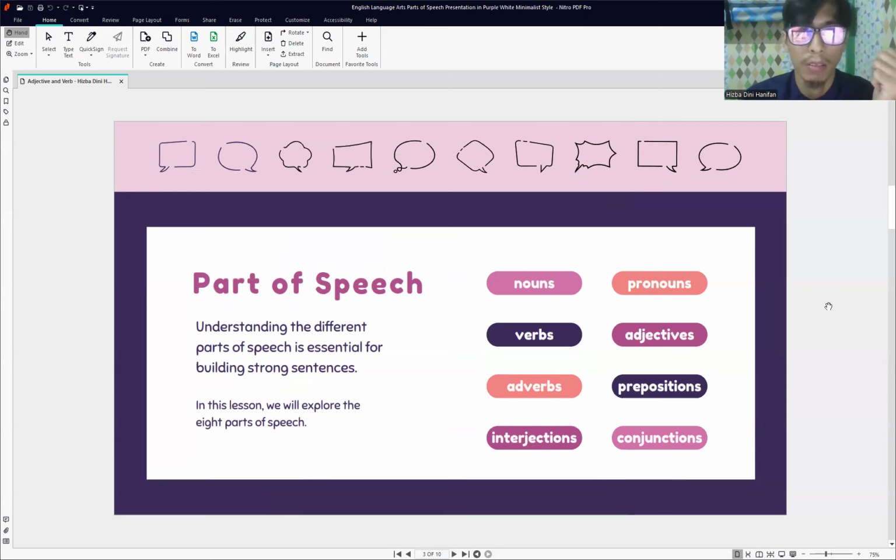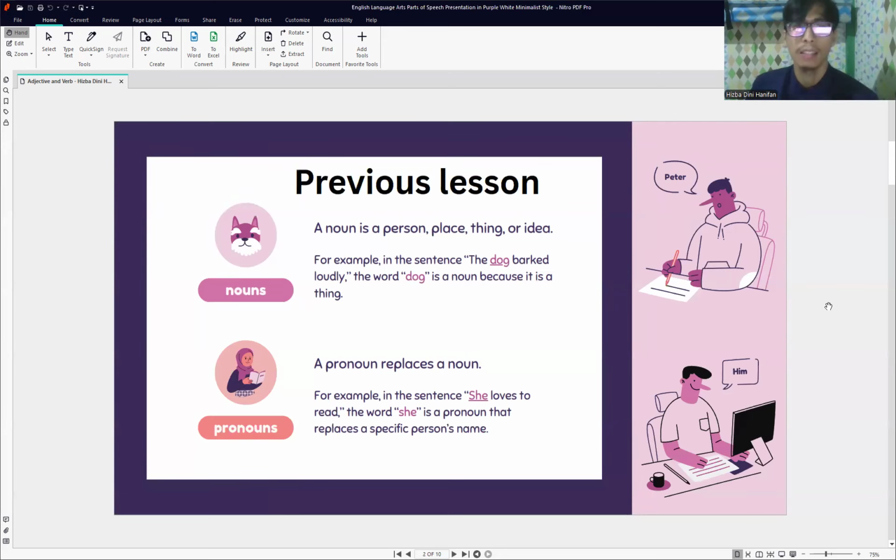Let's move back to the previous slide. So we've been talking about nouns. A noun is a person, place, thing, or idea. Take a good look at the example: the dog barked loudly. The word dog is a noun, okay?